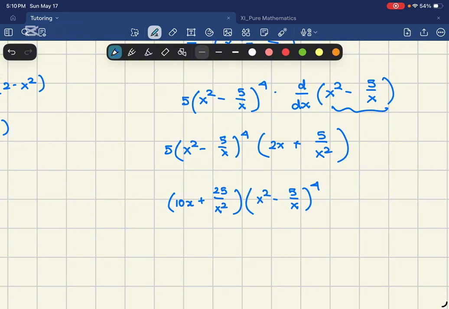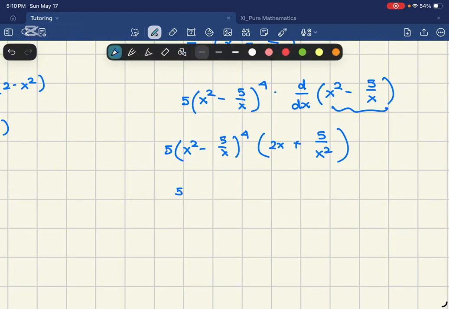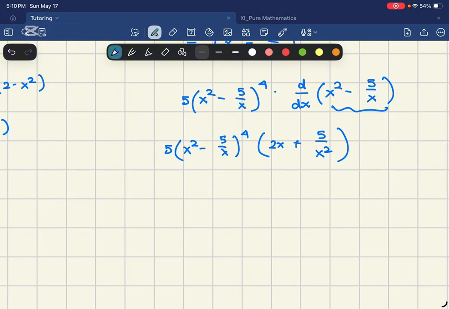Okay, let's see how the textbook expresses it. The textbook expresses this answer a bit differently. So let's first of all make them have a common denominator. x² − 5/x is (x³ − 5)/x, so that is (x³ − 5)^4 over x^4.